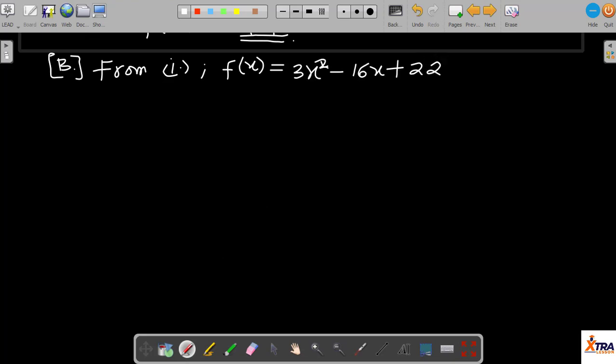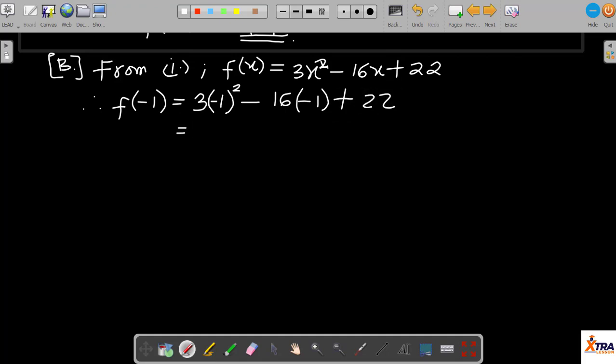So since I've gotten f of x here, I can just easily say, therefore, my f of minus 1 now will be simply substituting my minus 1 into this. That is 3 into minus 1 squared minus 16 times minus 1 plus 22.